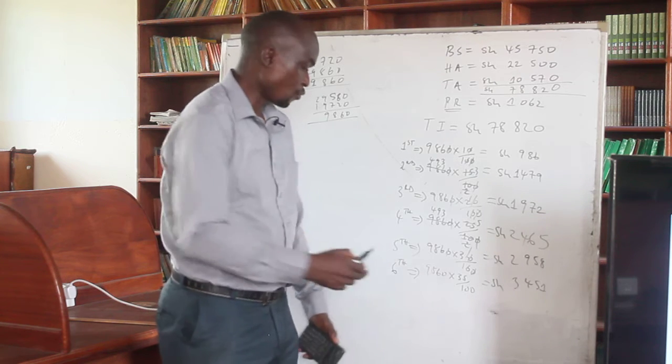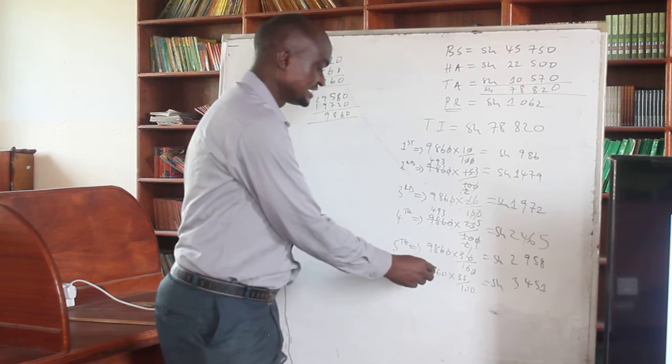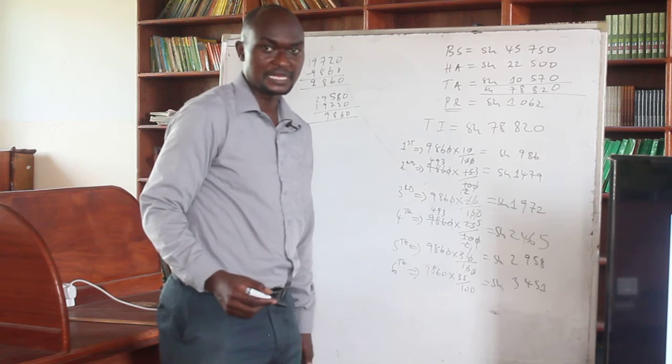Then we have the last bracket. Now the last bracket will not necessarily be 98.60. It may be more or it may be less.